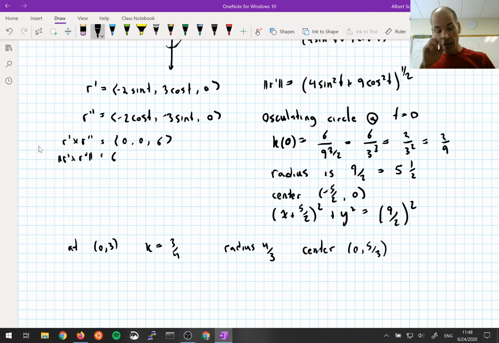And if we plot that, well, let me give you an equation first. So that's x squared plus y squared minus 5/3. Sorry, not y squared. y minus 5/3 quantity squared equals 4/3 squared.